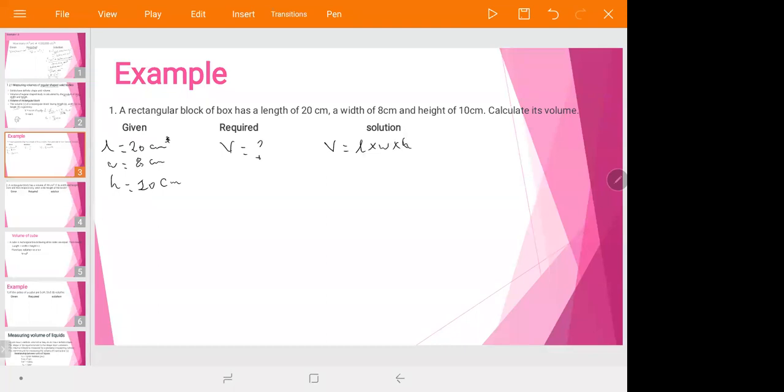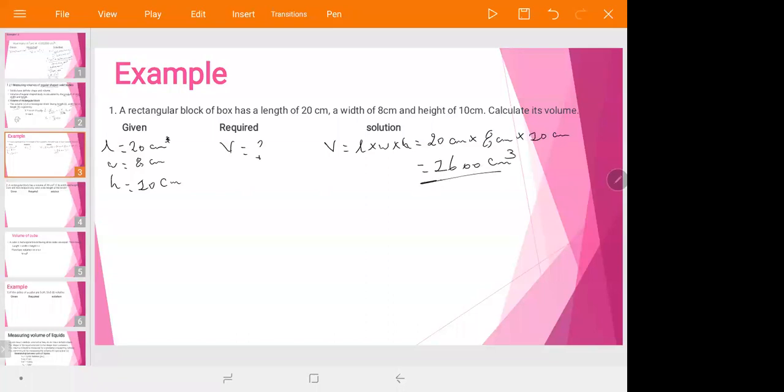So simply insert the numbers. 20 centimeter times 8 centimeter times 10 centimeter. 20 times 8, how much? 160 centimeter square. 160 centimeter square times 10, yes, 1,600 centimeter cube.